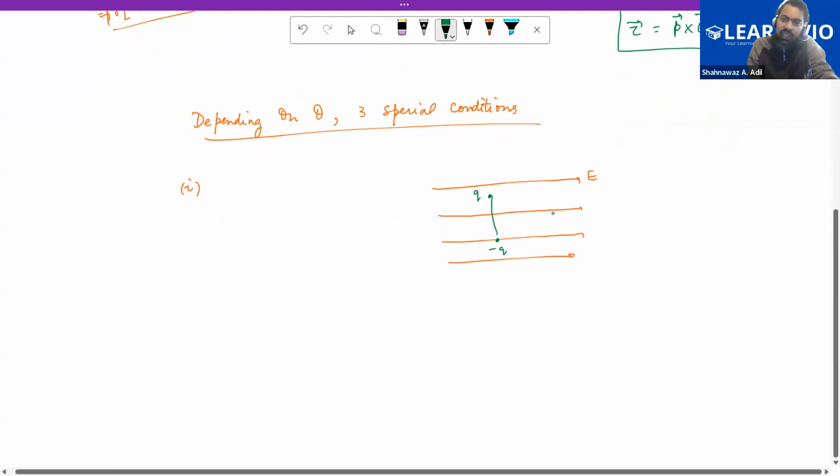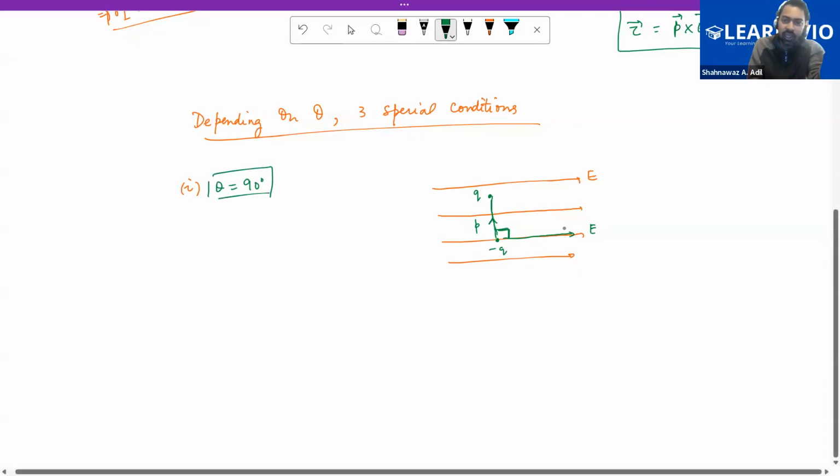What is the angle in here? This is P, and this is E. So this is 90 degree. We have to calculate the angle between P and E, so theta is 90 degree.